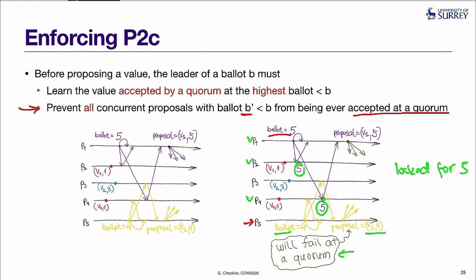But if it did, then it will lock the quorum, and by doing so, it will prevent any proposal from any lower numbered ballot from ever succeeding. So this is the second part of this mechanism that is needed to ensure that condition P2C is satisfied. All right.